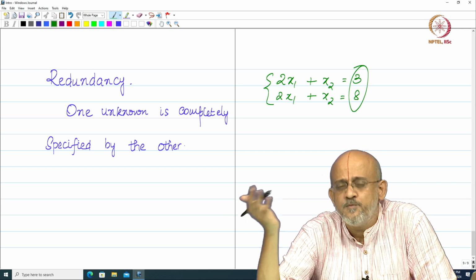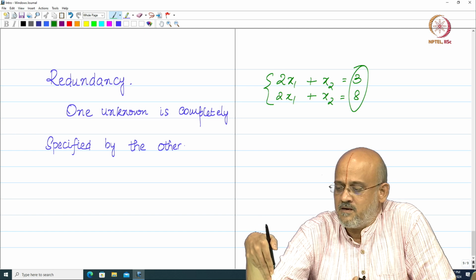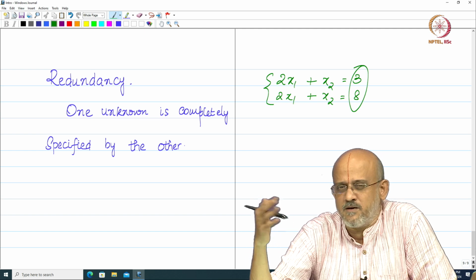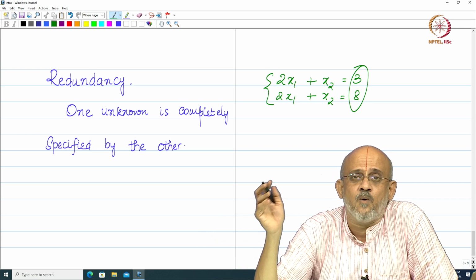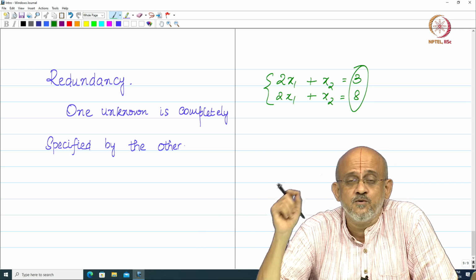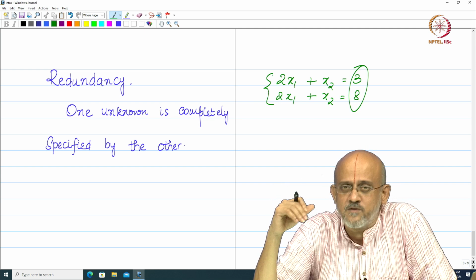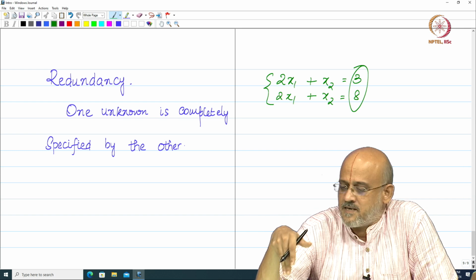There could be some measurement error which could have got you an 8 on one side or 3 on the other side, which means both the equations cannot be true at the same time. Only one of the equations is going to be true at a particular point of time. You cannot have both of them simultaneously true because there is some problem there.